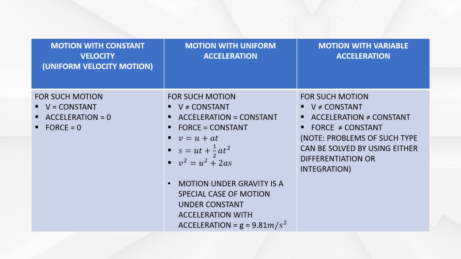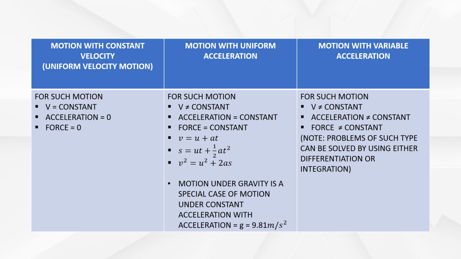When motion is under uniform or constant acceleration, for such motion, velocity is not constant. The velocity is continuously changing, but the rate of change of velocity is constant, and this rate of change of velocity means the acceleration, which means the acceleration is constant, and as such the force is also constant.